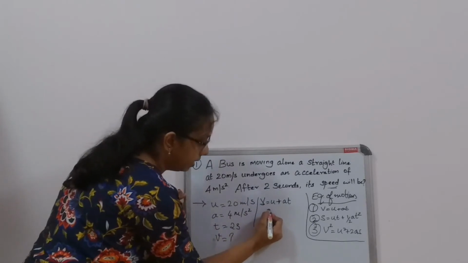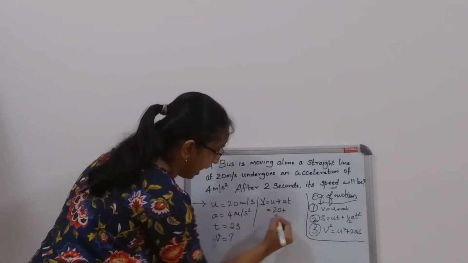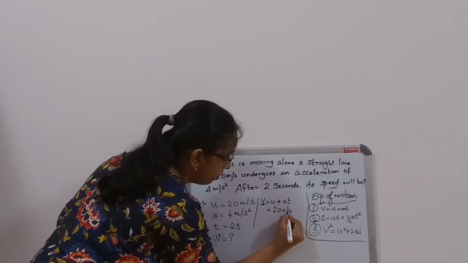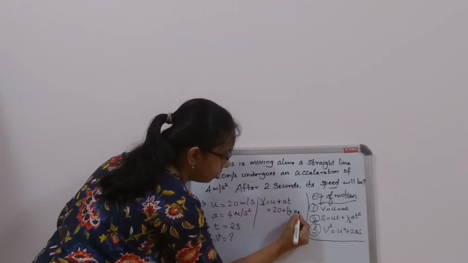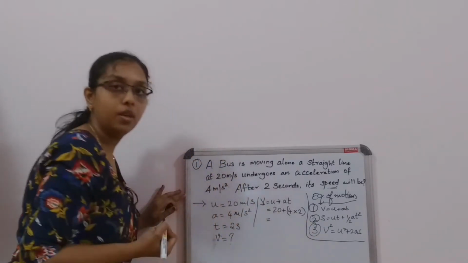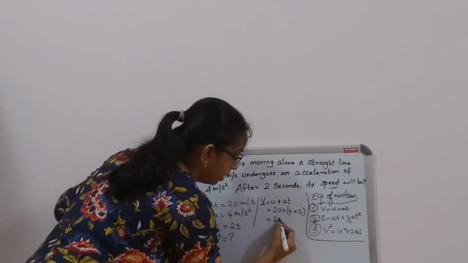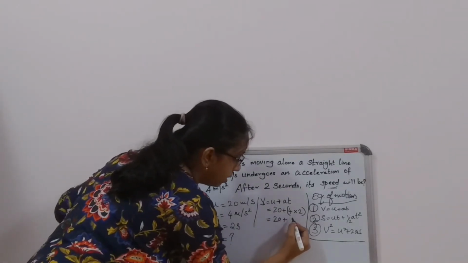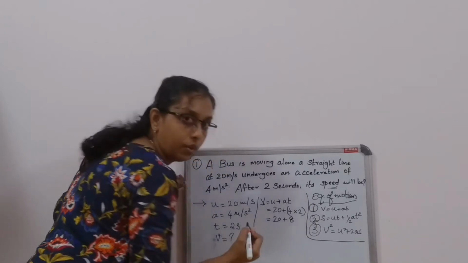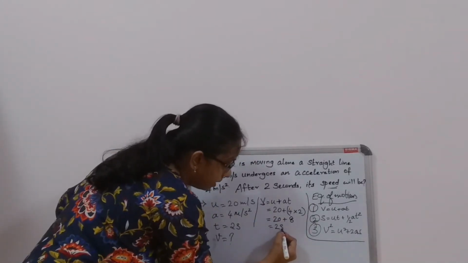They have given u as 20, acceleration as 4 and the time as 2. We are directly substituting the values, and after calculating, 20 plus 4 into 2 is 8, and then 20 plus 8 is 28.